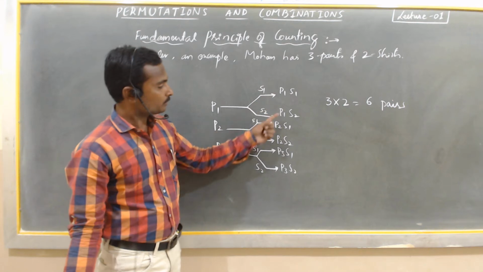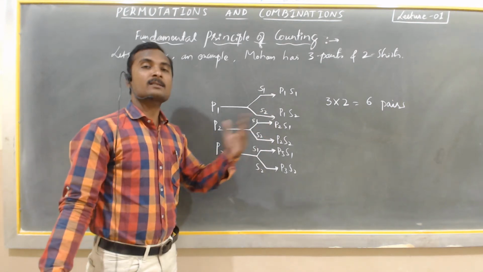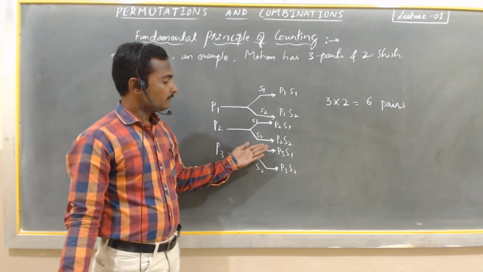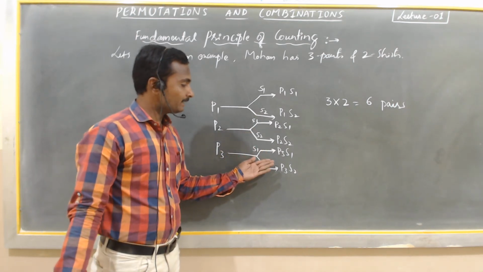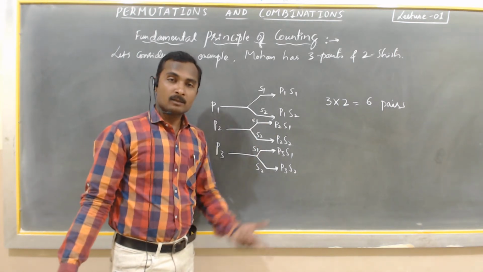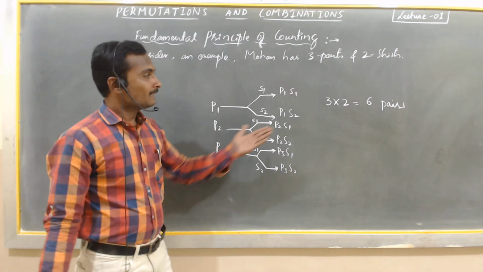You count this: 1, 2, 3, 4, 5, 6. There are six pairs: P1S1, P1S2, P2S1, P2S2, and lastly P3S1, P3S2. Six is the maximum number of pairs that is possible.